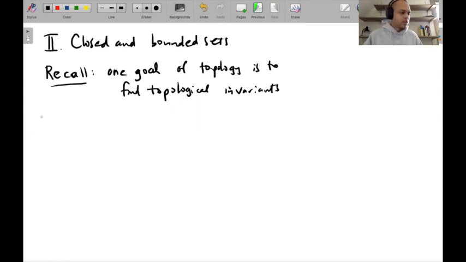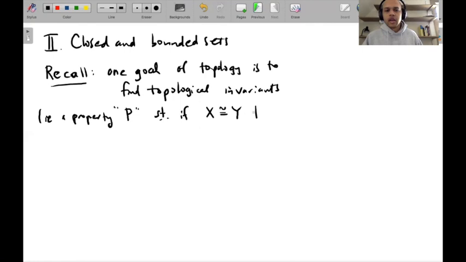A topological invariant is a property P so that if X is topologically equivalent to Y, then X has property P if and only if Y has the same property.